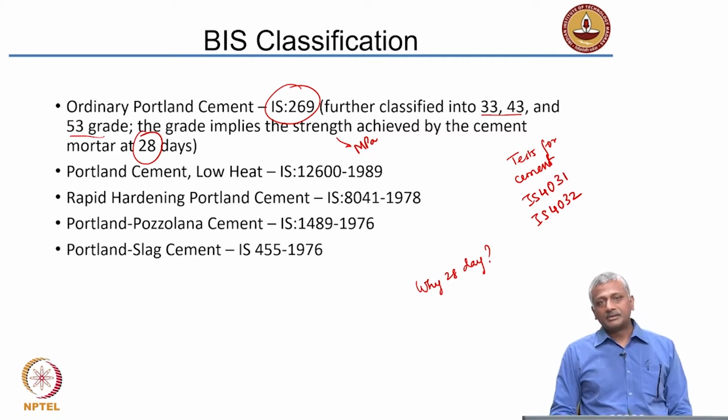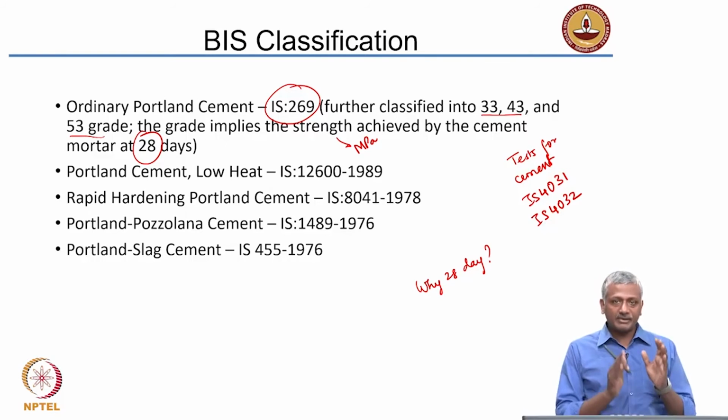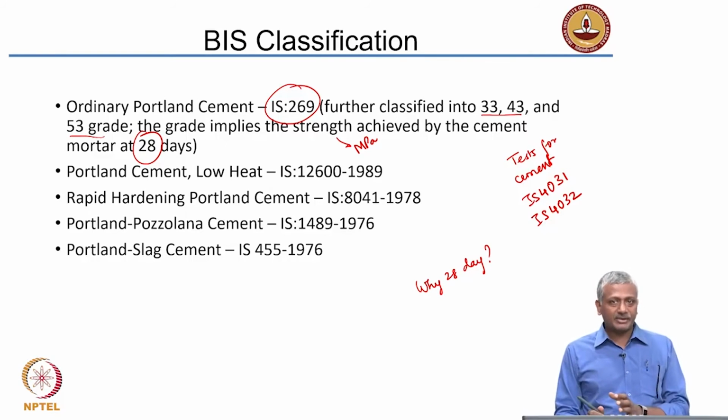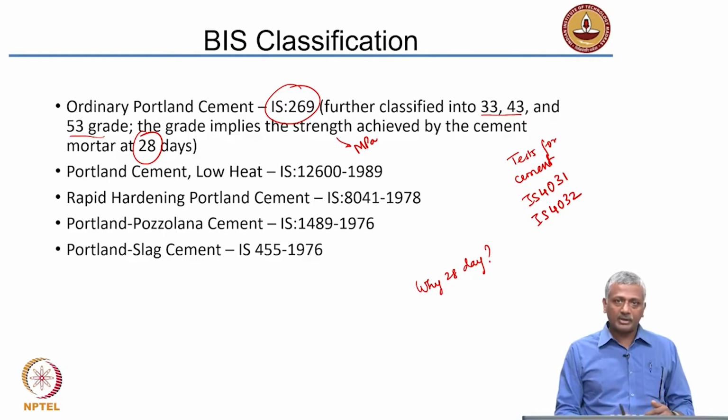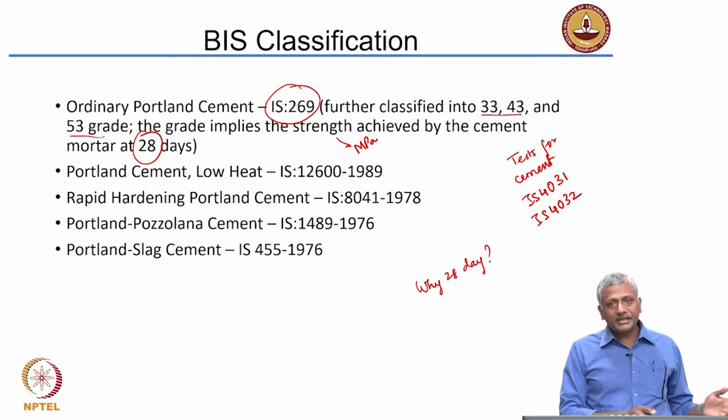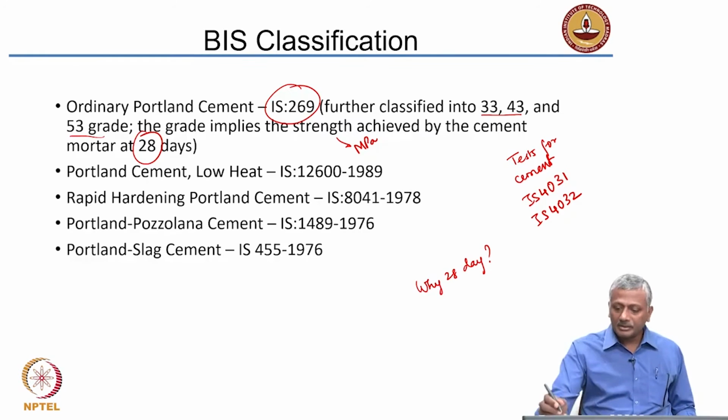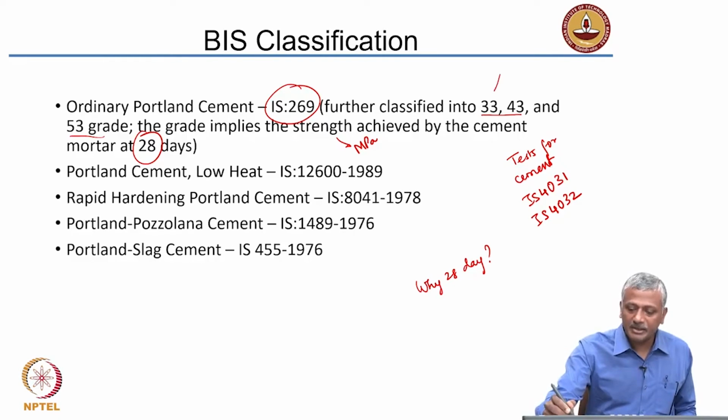So very often in construction sites, we are interested in finding out the 28-day strength. When we design concrete in the laboratory also, we talk about 28-day strength. Very often we also look at early age strengths at 7 days and 3 days depending upon our requirements. But if you look at the grades of cement, they would have specified strengths at 3 days, 7 days and 28 days.